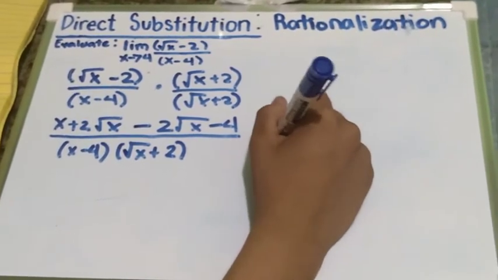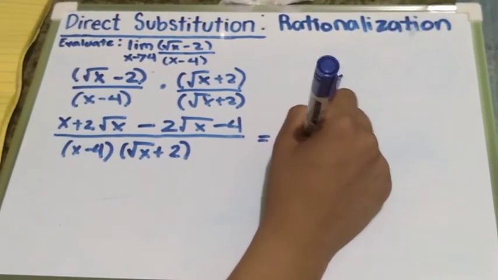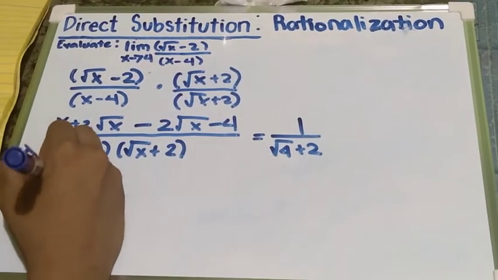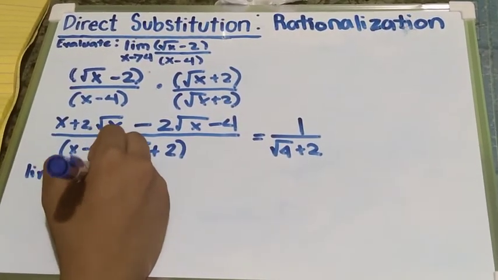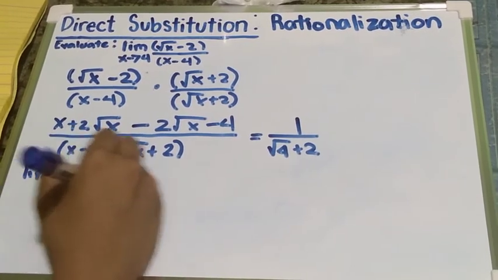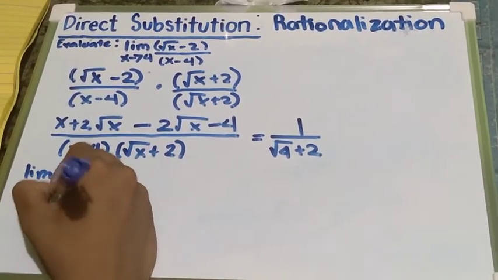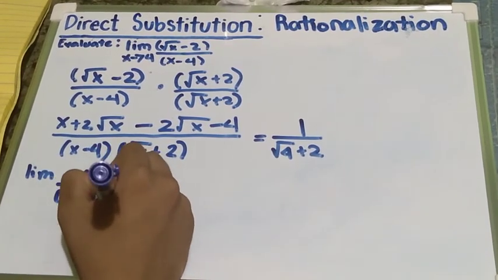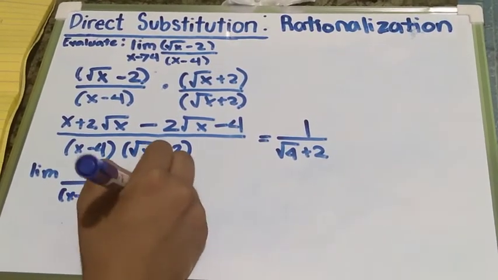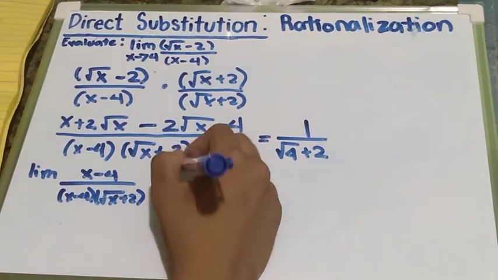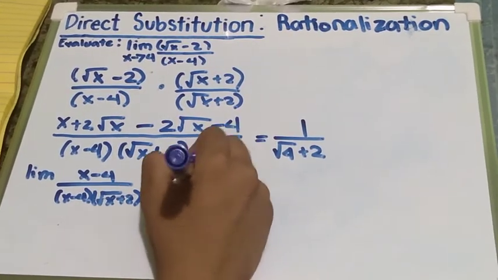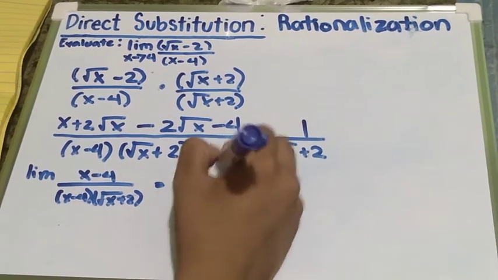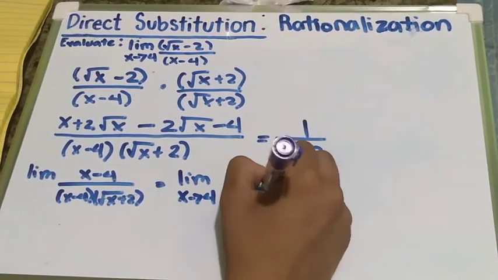Then you will multiply the denominator, which will be 4 times square root of 4 plus 2. So the remaining is only x minus 4 over x minus 4 times square root of x plus 2. Cancel. You're going to get 1.